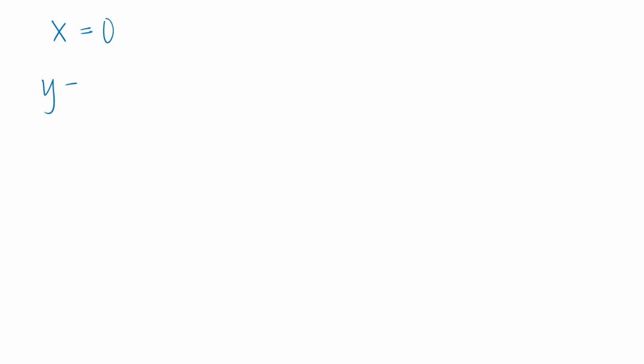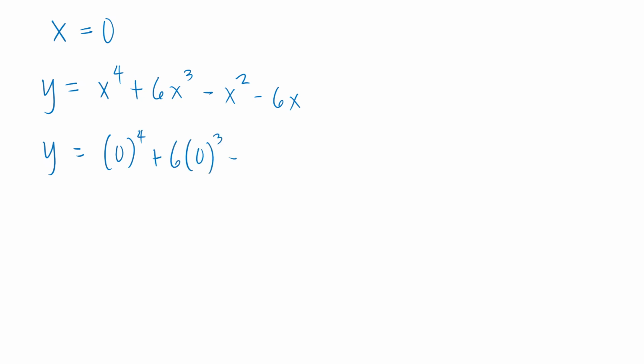So y is equal to x raised to the power of 4 plus 6x cubed minus x squared minus 6x. Then we're going to substitute all x's here with the value of 0. So 0 raised to the power of 4 plus 6 times 0 cubed minus 0 squared minus 6 times 0. And the answer is 0.